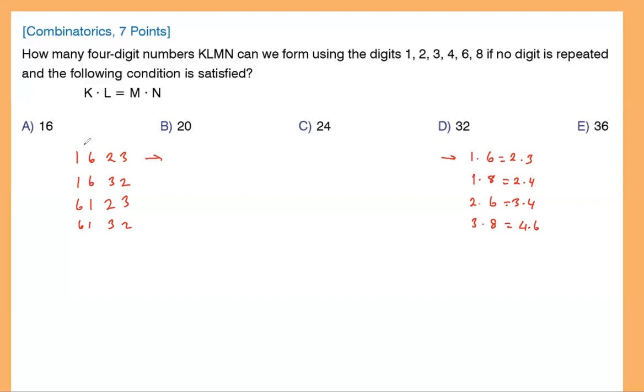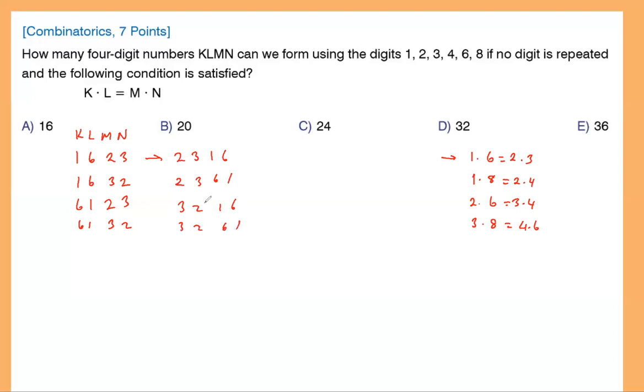Let's say this is my K, L, M, N, right? If this is the case, I can actually swap these pairs. I can take the 2 and 3 to the first 2 digits, and then 1 and 6 to the last 2 digits. So I can do 2, 3, 1, 6, 2, 3, 6, 1, or 3, 2, 1, 6, and 3, 2, 6, 1.